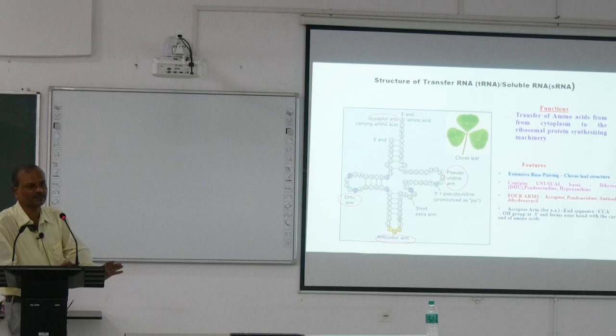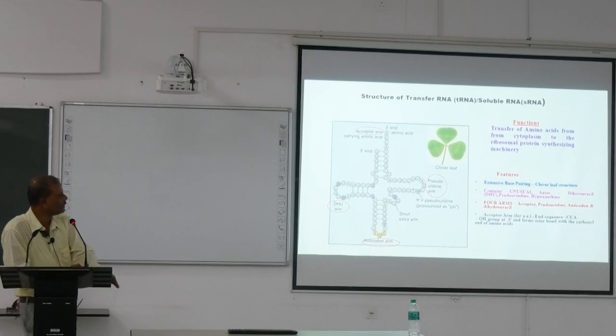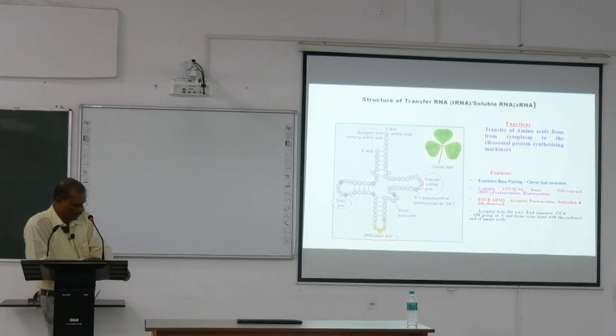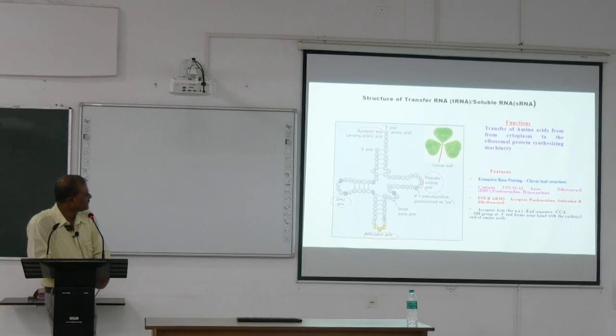What is the ribosomal synthesizing machinery? That I will show you. Now, the feature is that there is extensive base pairing. That is the reason why the clover leaf-like appearance is there. As I told you earlier, it contains unusual bases, and this is dihydrouracil, that is the DHU arm. That is the reason why it is called so.